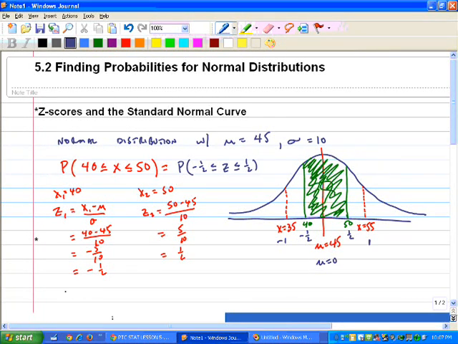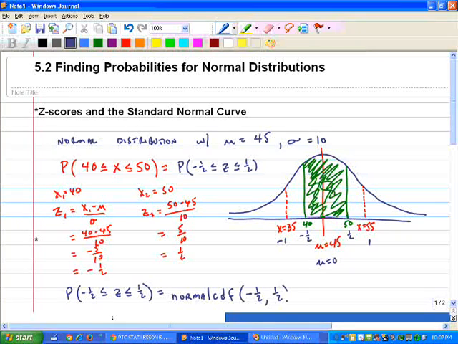And to find that in the calculator, we did second vars, went to normal CDF, entered our lower z-score and our upper z-score, and hit enter on the calculator.